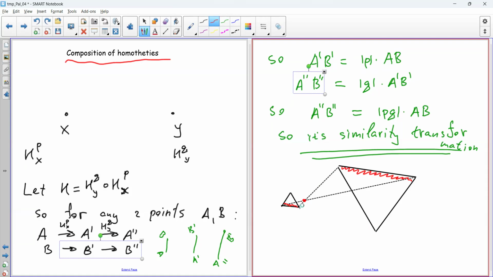Because even if we bring this segment to this segment, there are two options actually.